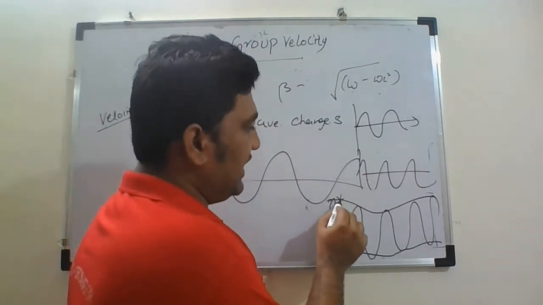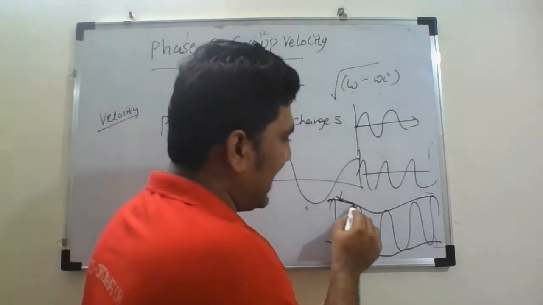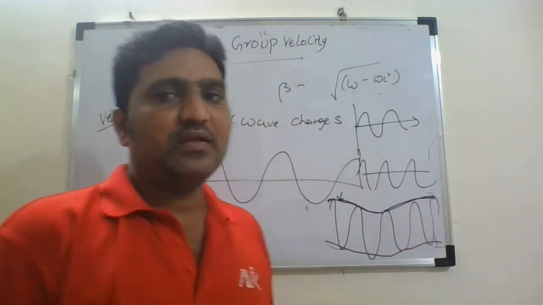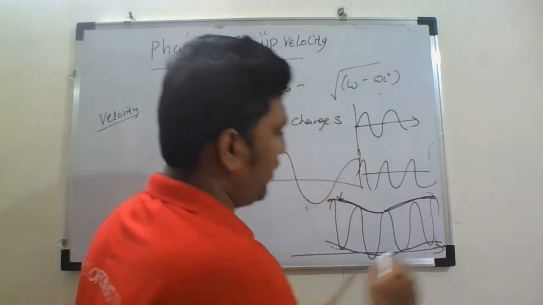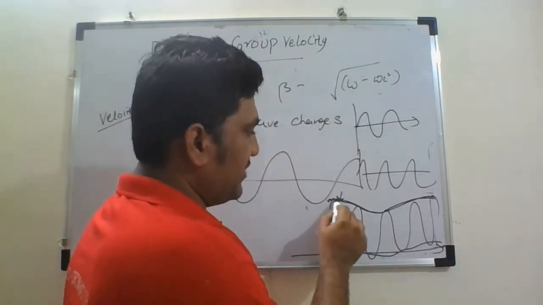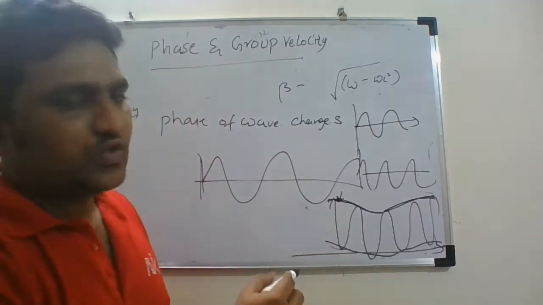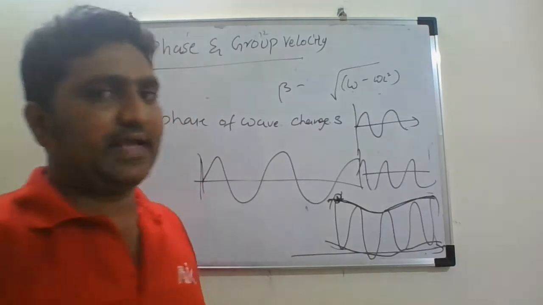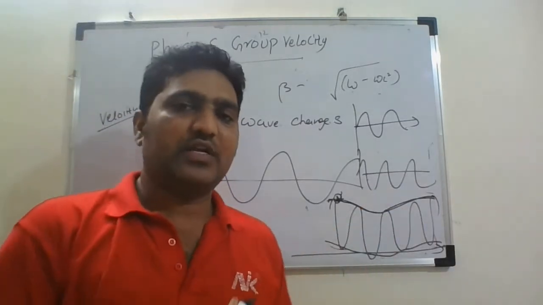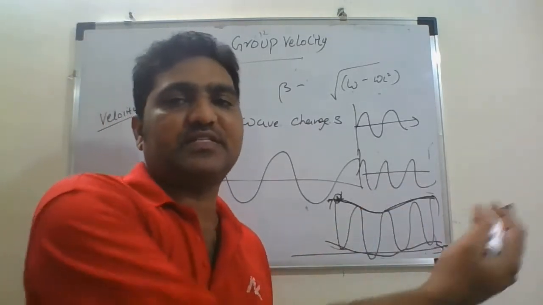Group velocity is the velocity at which this envelope is propagating. If I consider this as the direction of propagation and take a point here, it is the rate at which this point is propagating along the z-axis. The resultant envelope itself is moving.